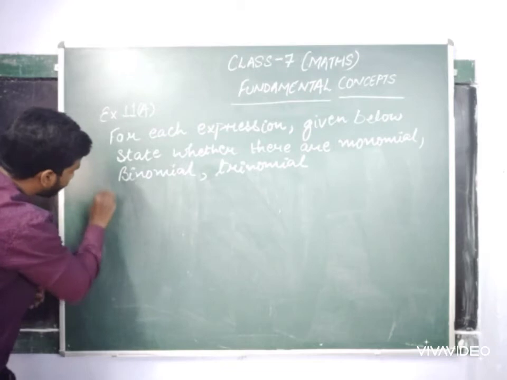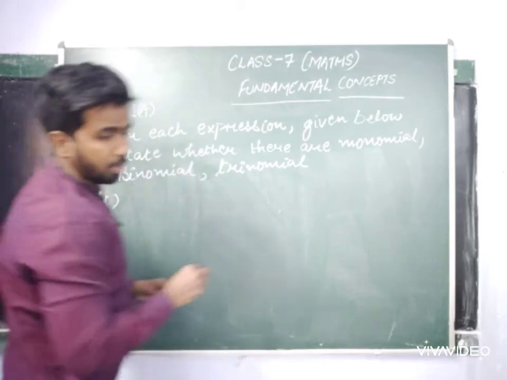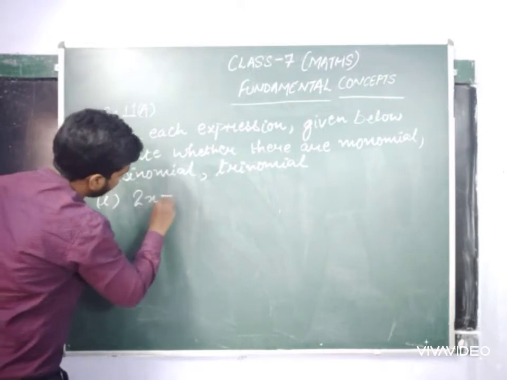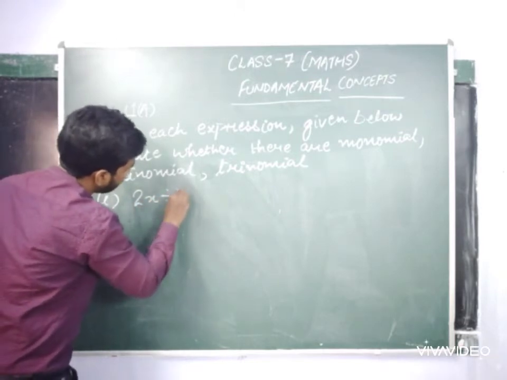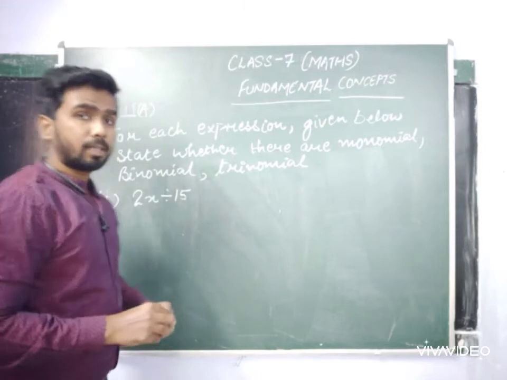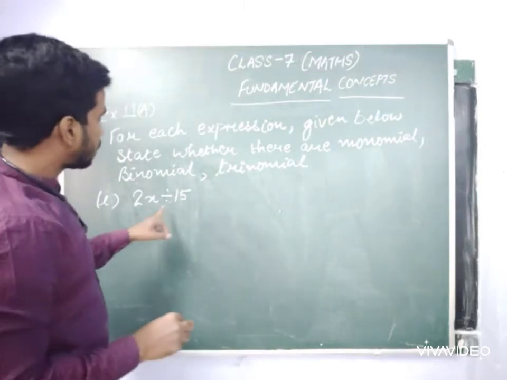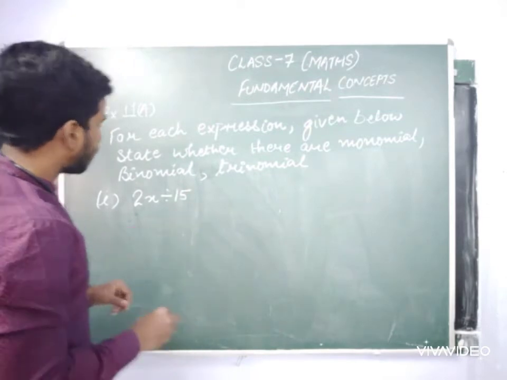Now in this, the first part is saying 2x divided by 15. So you have to tell whether this is a monomial, binomial or trinomial.